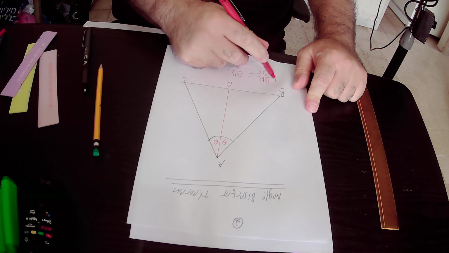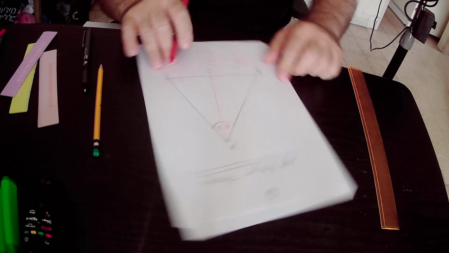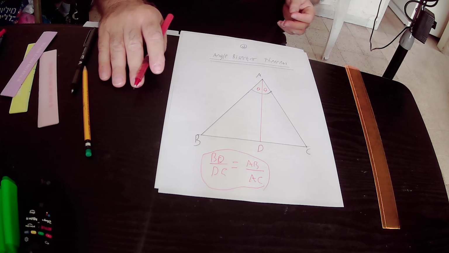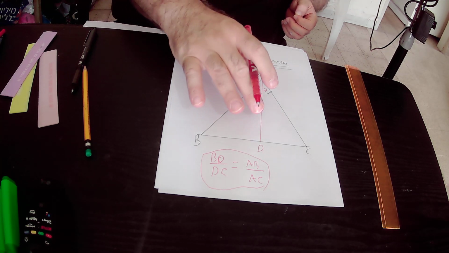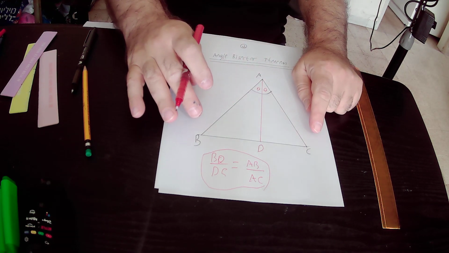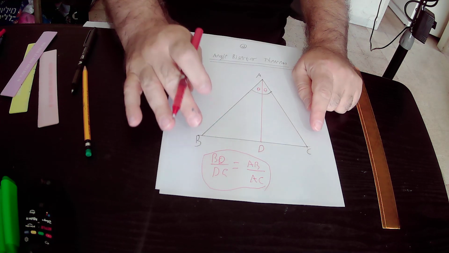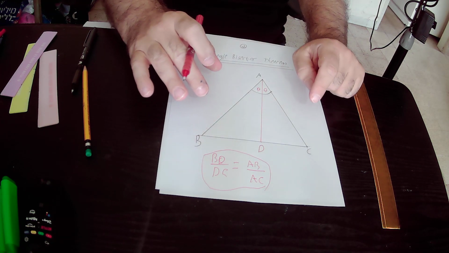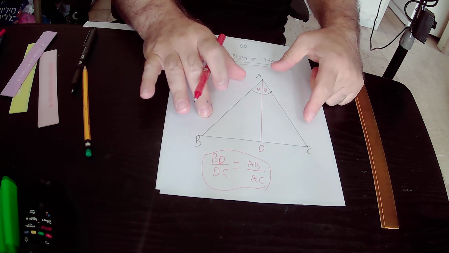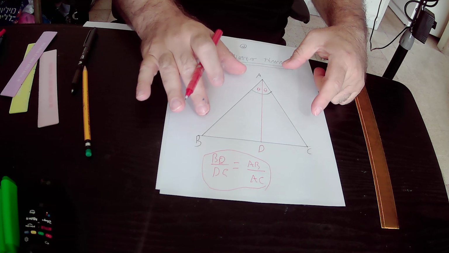Okay, so again, according to the angle bisector theorem, the ratio in which angle bisector AD divides BC, that is to say BD over DC, equals the ratio between the angle legs, that is AB over AC, because the angle legs are AB and AC.